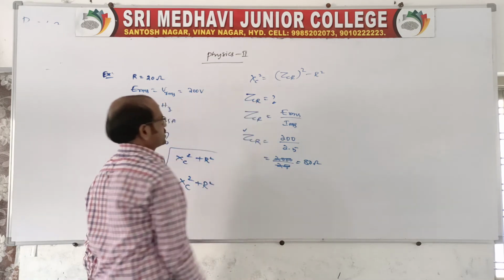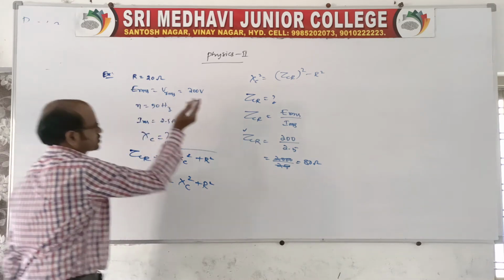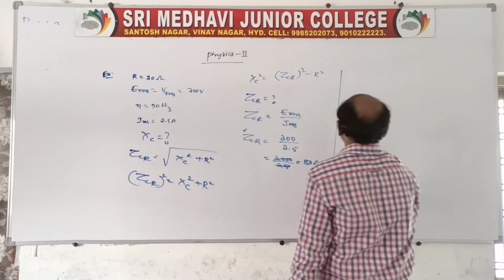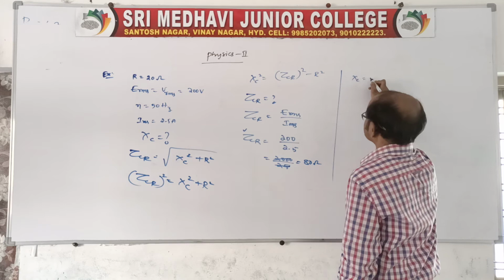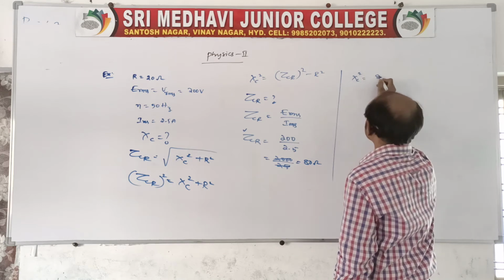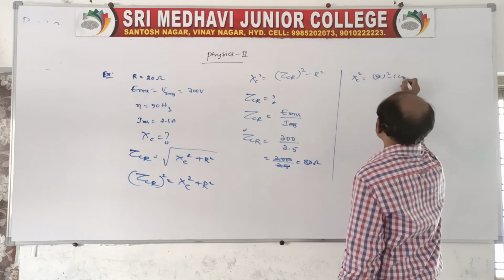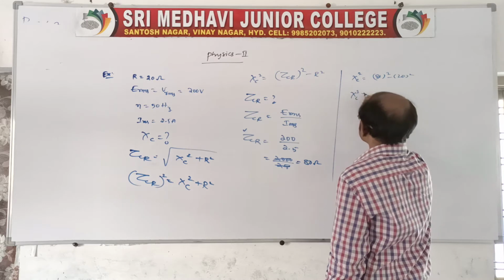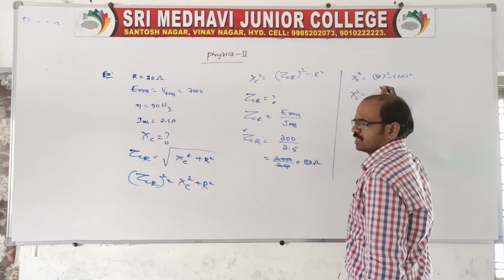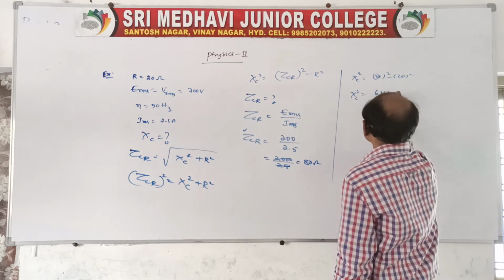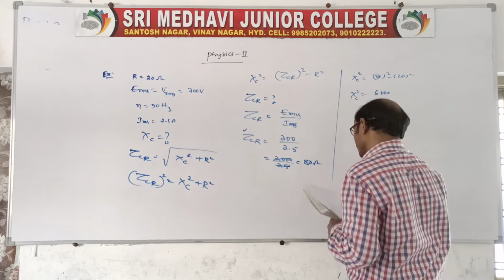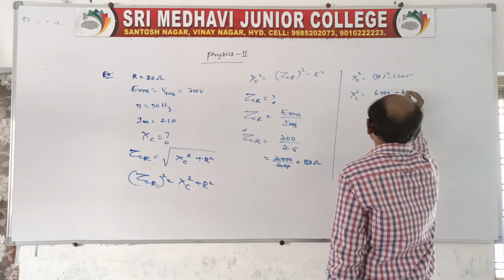Now we know ZCR, we know R. It's asking XC, so XC square is equal to 80 whole square minus 20 whole square. 8 8s are 64, so 6400, minus 20 square, which is 400.